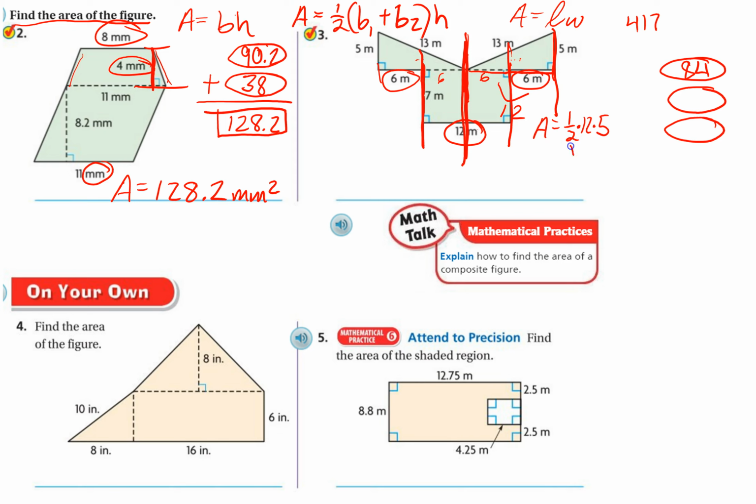Well, I know half of 12 is 6, and 6 times 5 is 30. So the area of one of these triangles is 30. These 2 are congruent, so the area of this one is also 30. And then now I just add those up. 30 plus 30 is 60.